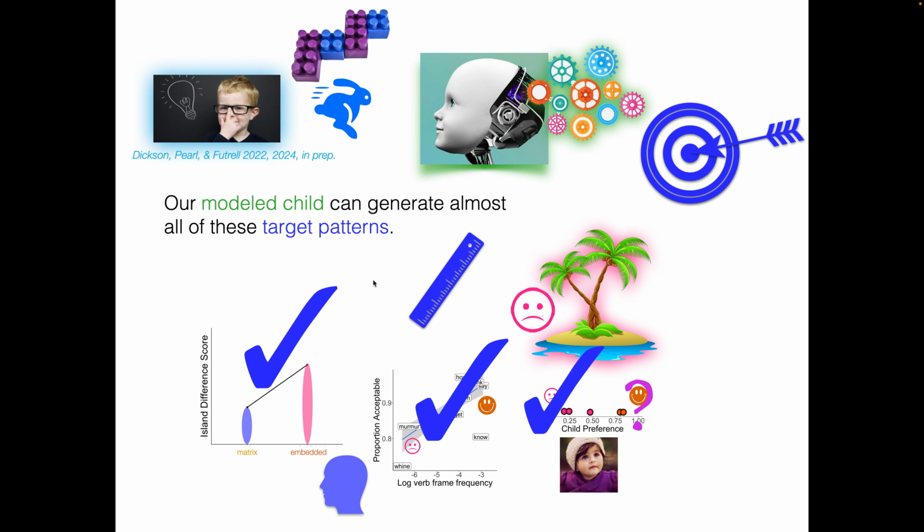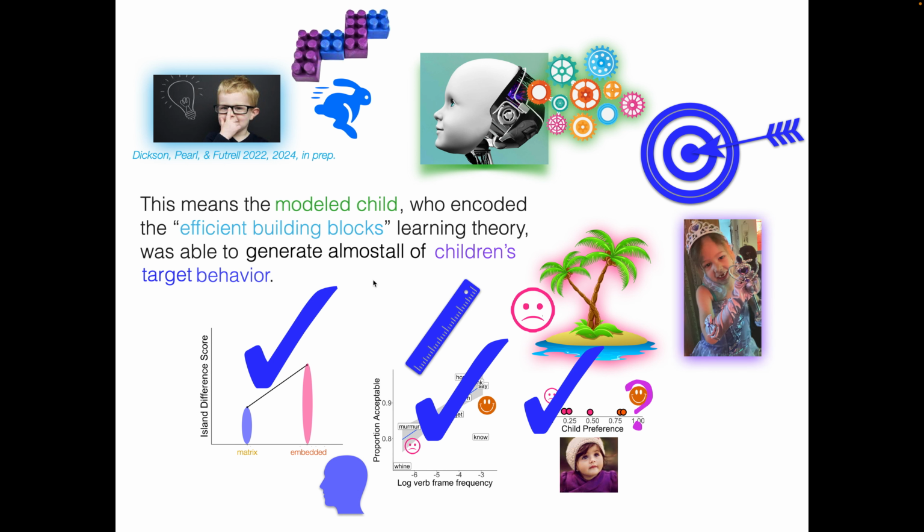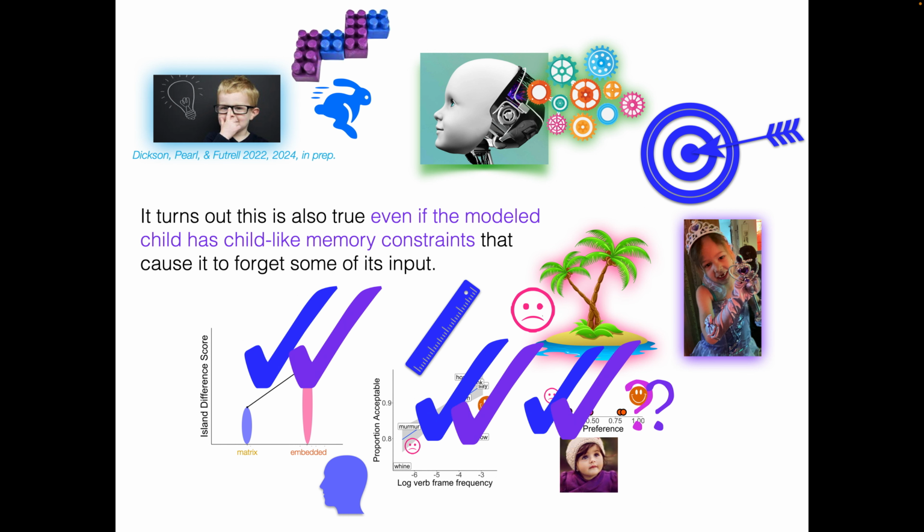So that's pretty good. It turns out that means the model child who encoded the efficient building blocks learning theory was actually able to generate almost all of children's target behavior, again with this little fudge point over here. So pretty good, actually. And it turns out this is also true even if our model child has childlike memory constraints that cause it to forget some of its input, so it's more childlike in the way that it's viewing and experiencing the data.